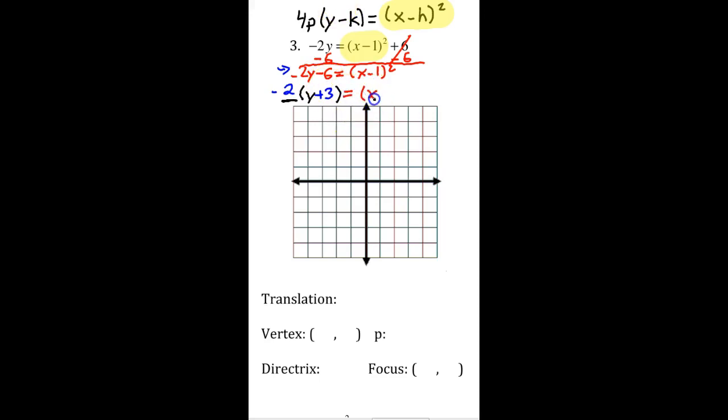So we had a little bit of work to do to set this up, to get in the right format before we did anything else. So our vertex now is at 1, -3. Right, so it's translated right 1 unit and down 3 units.